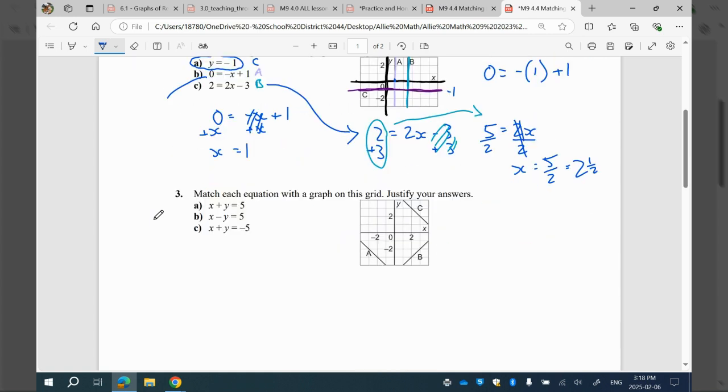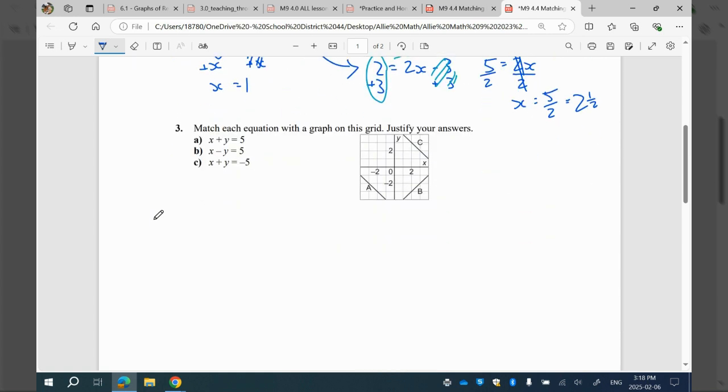So that's another way to solve it, to solve for x. Okay, let's look at number 3, and I'll give you another way to think about these. For this one, I want us to focus on the idea that every point on this line is going to make its equation true. So we can choose a dot on this line and see if it makes our equation true.